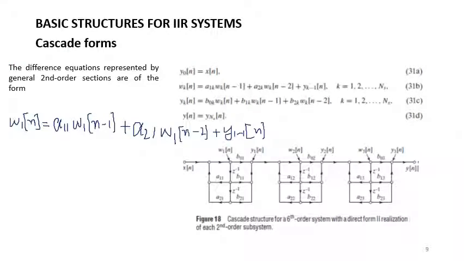So to find the expression for this node, that is w1 of n, we replace k by 1, so we can write w1 of n equals a11 w1 n minus 1 plus a21 w1 n minus 2 plus y of 1 minus 1.